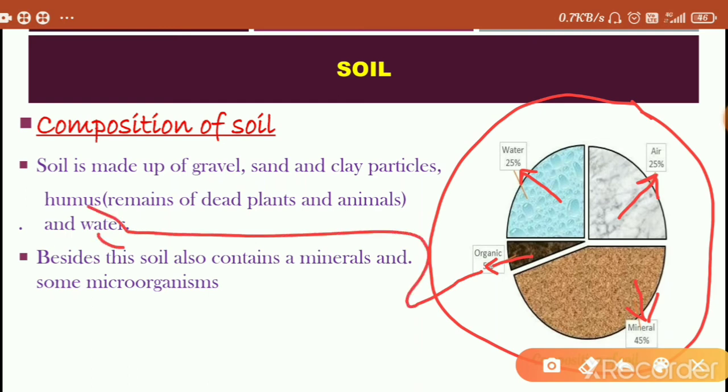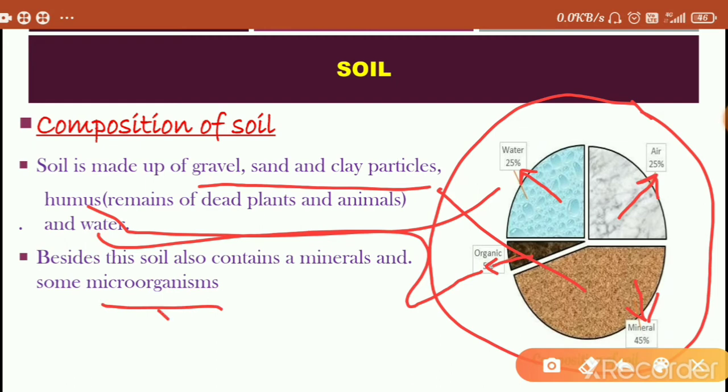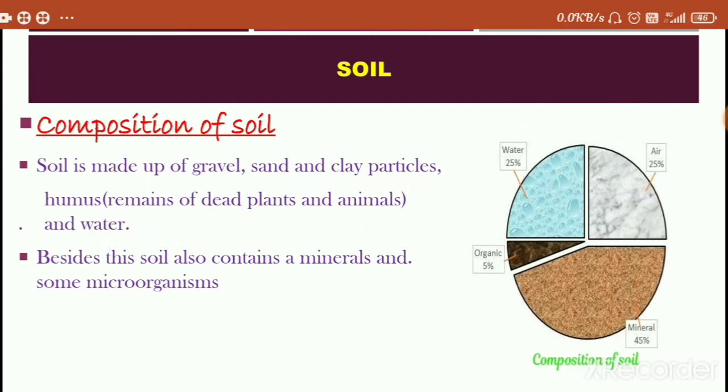Okay students, water consists of 25%, and gravel, sand and clay particles are nothing but minerals. Even microorganisms also belong to the organic part. Once again I will show you this humus.